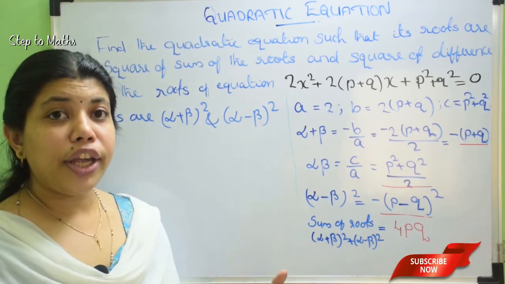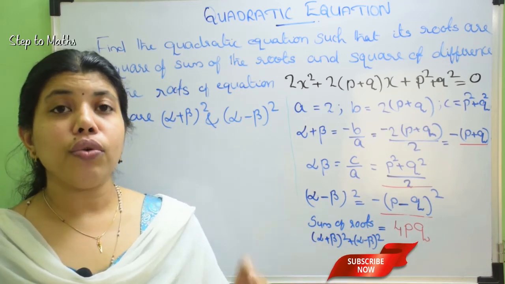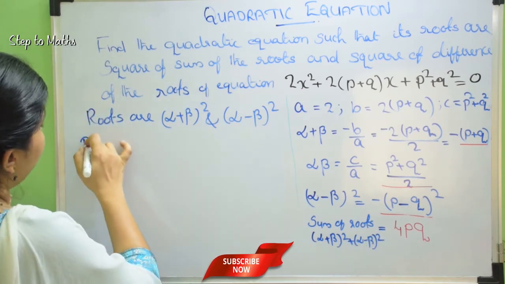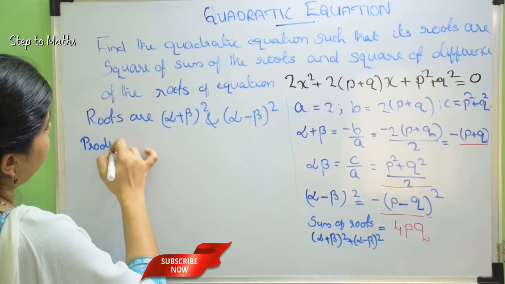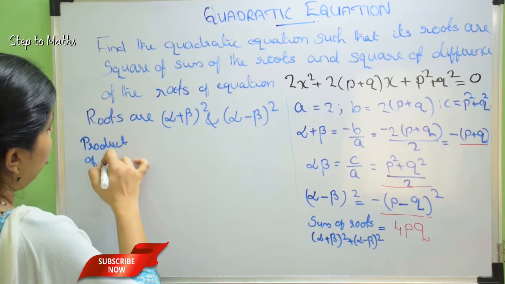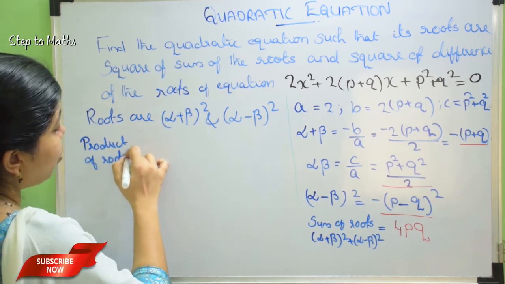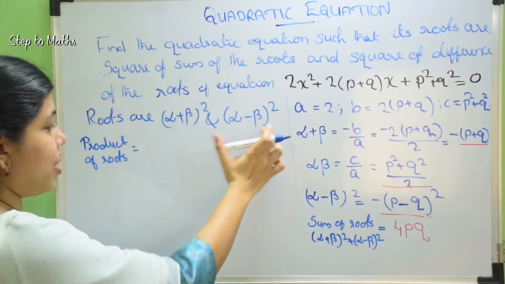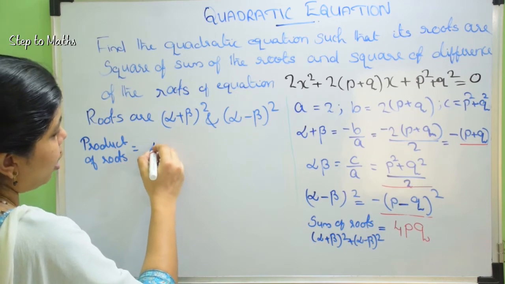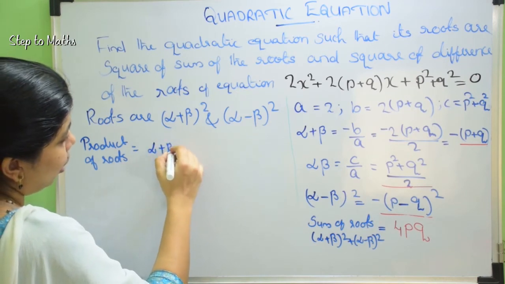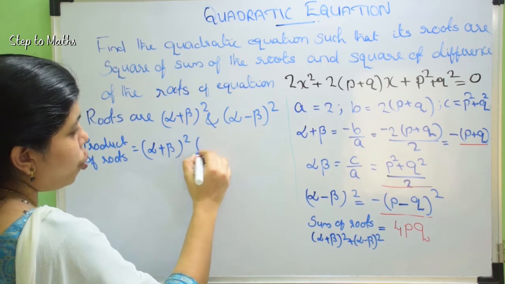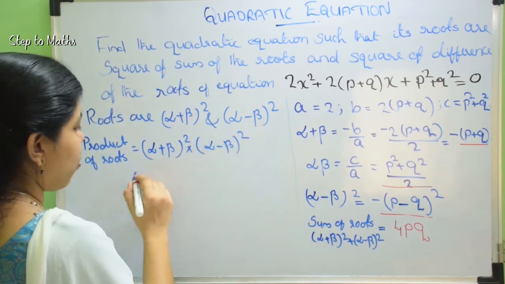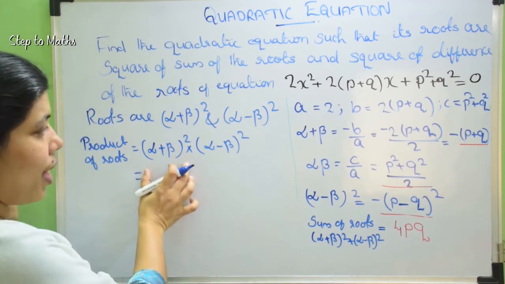Now we have to find out the product of roots of the required quadratic equation. Product of roots is equal to alpha plus beta square into alpha minus beta square, since the roots are alpha plus beta square and alpha minus beta square.